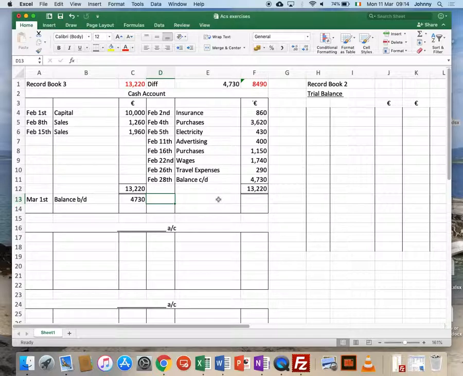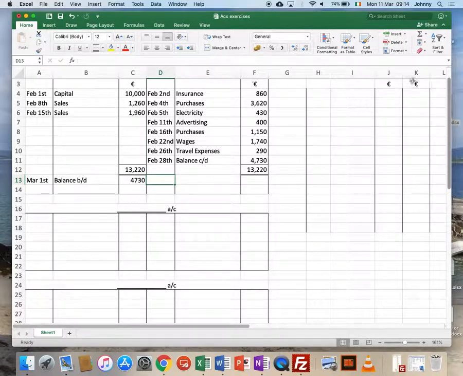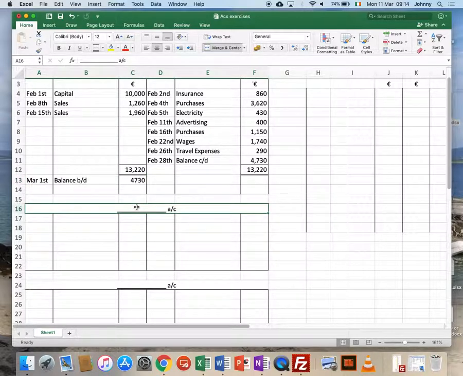Okay. Now, so the rule that I put up on the board a second ago is every time a transaction takes place, we have a debit in one account and we have a credit in another. So I'm just going to take two transactions and look at the accounts. So what I have here is I have a capital on the debit side of my cash account. So that means I'm going to need to create a capital account.